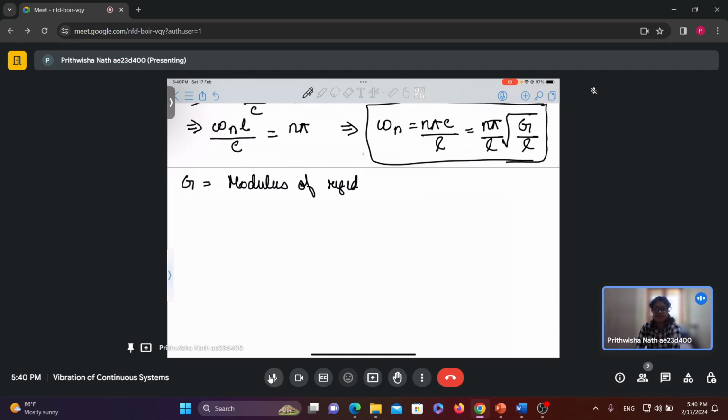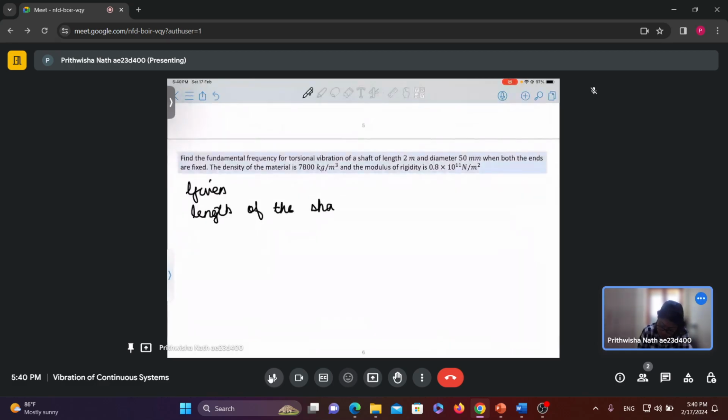So what are the things given? Length of the shaft is L, 2 meter. Diameter of the shaft is 50 millimeters.